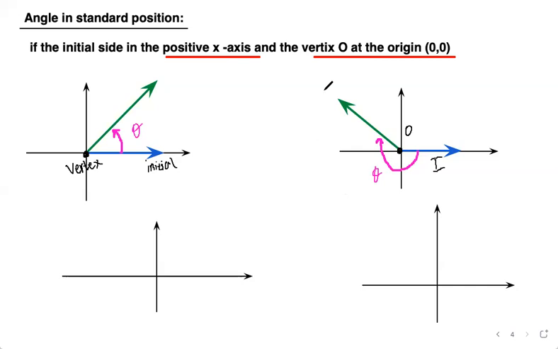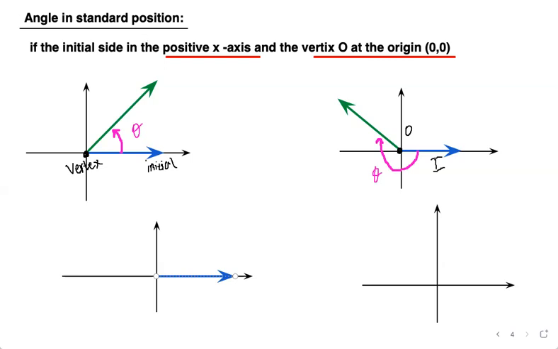Okay. Now for the third one, the same idea, but here the angle has a different shape. Here is my initial side, always on the positive x-axis, and my vertex is at 0, 0 as usual.